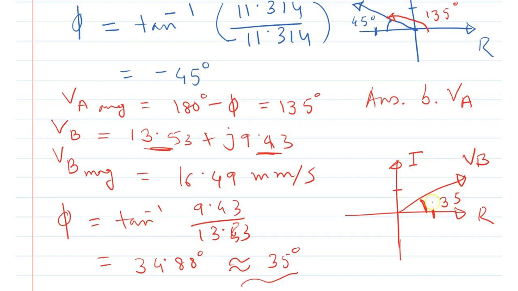Because it's in the first quadrant and it's measured with the positive x-axis counterclockwise, we don't need to change anything. So our answer for VB angle would be 35 degrees, and that is our other answer for part B, VB.